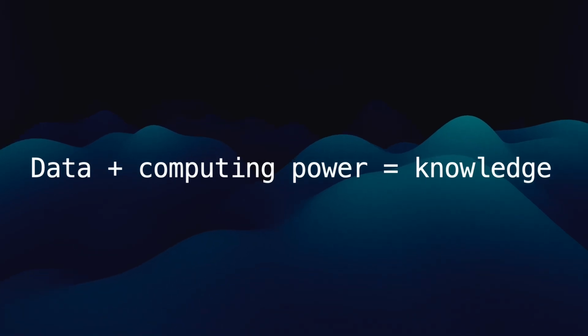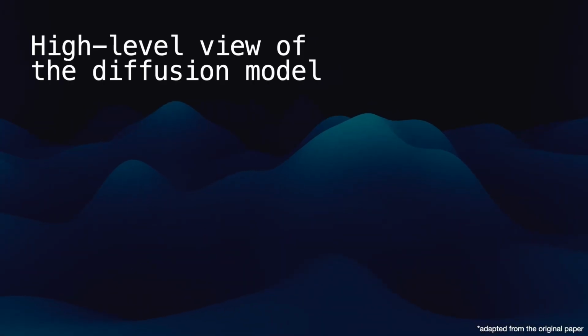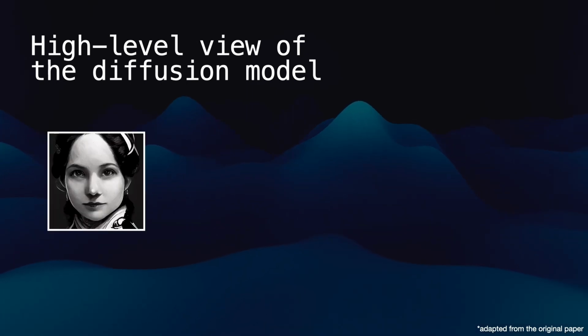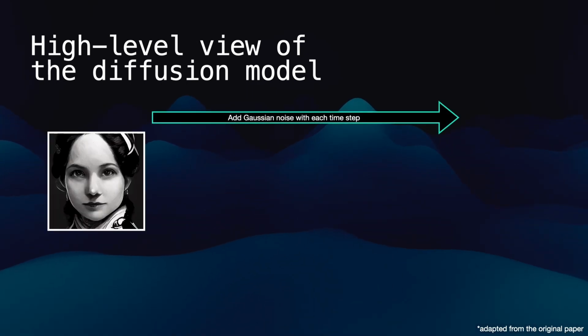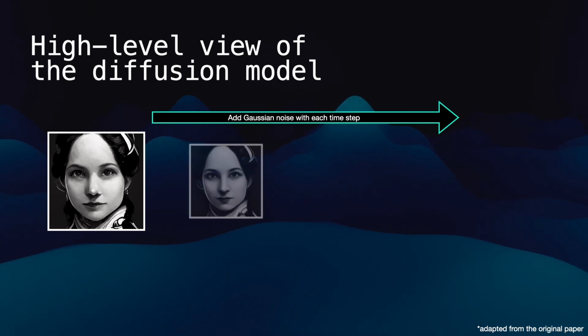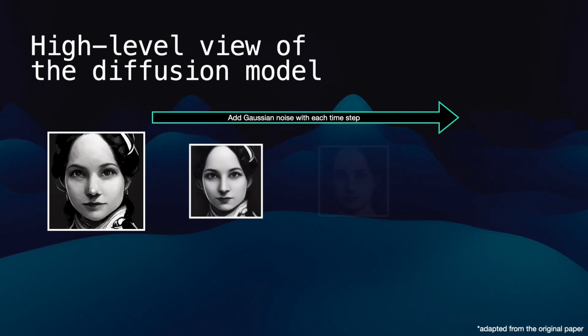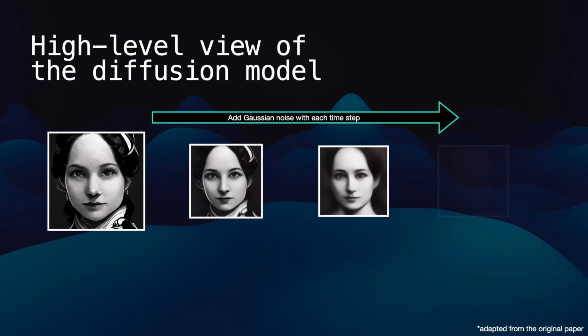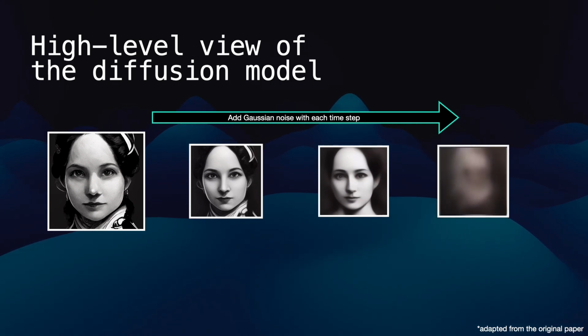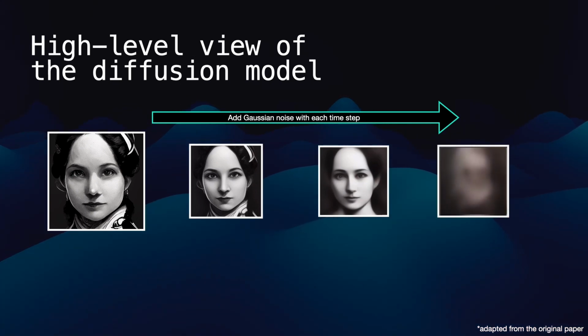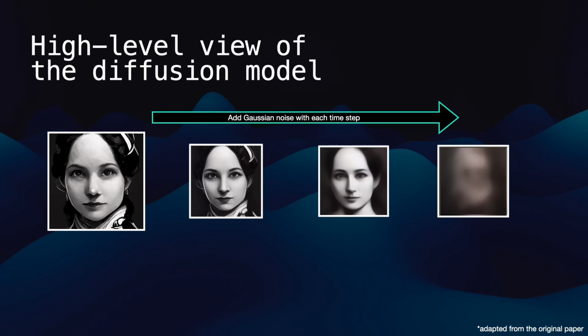And I told you also that the magic is coming from the knowledge which is put into the models in the training process. The idea of a diffusion model is that you take an image and add a little bit of noise to it. So you obtain a slightly noisy image. Then you repeat that process about 1,000 times to obtain a fully noisy image. You know for each step the original image or slightly noisy image and its noisier version.